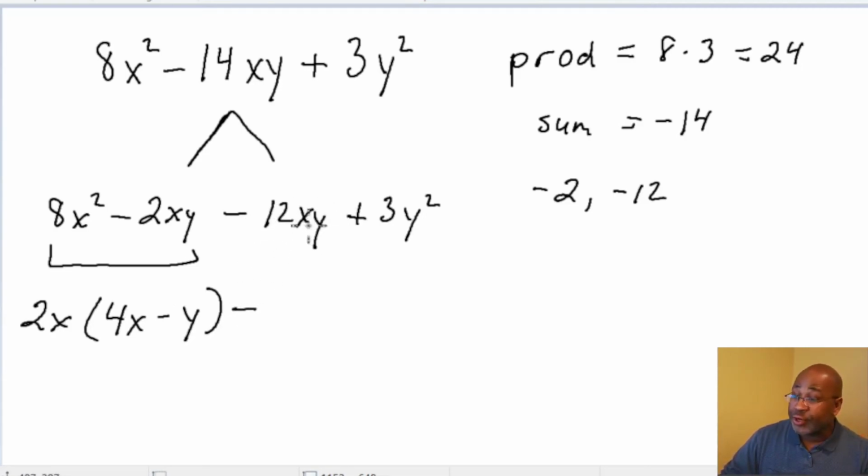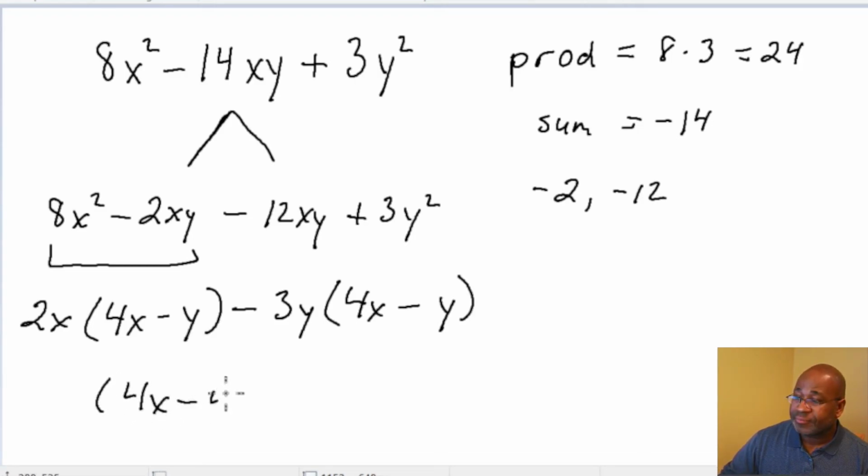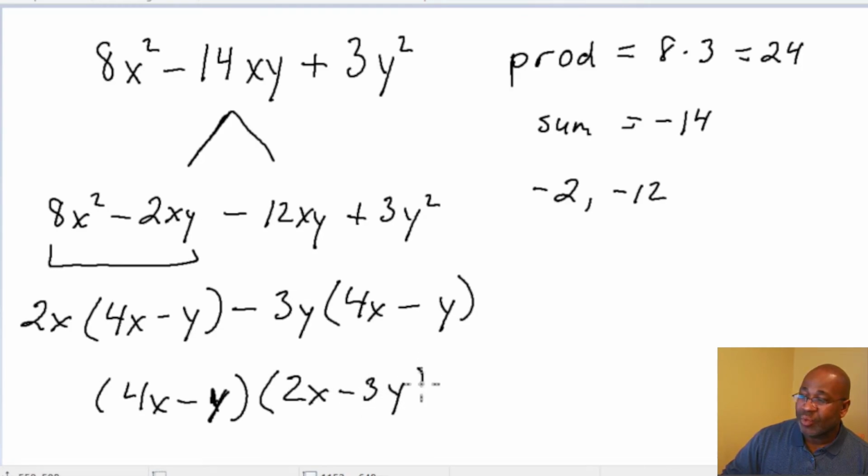The second pair of terms has a common factor of 3y, and so when we factor that out, we'll have 4x minus y. Remember, we're factoring out a negative, so we have to change the signs. So both of those have 4x minus y. Factor that out. What's left over is 2x minus 3y. And there we have the factored form.